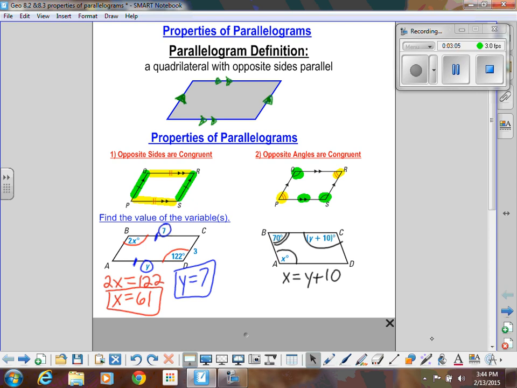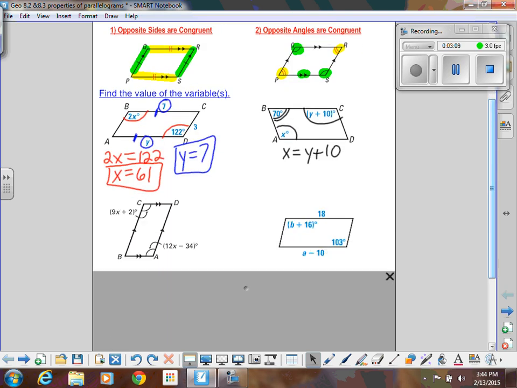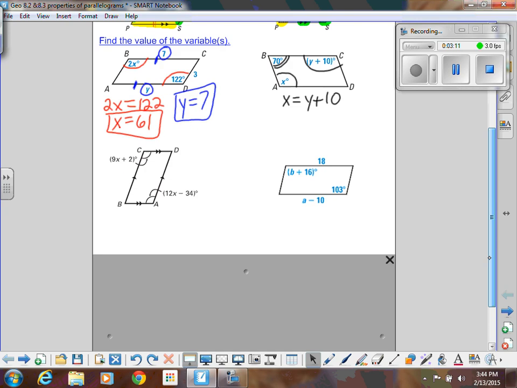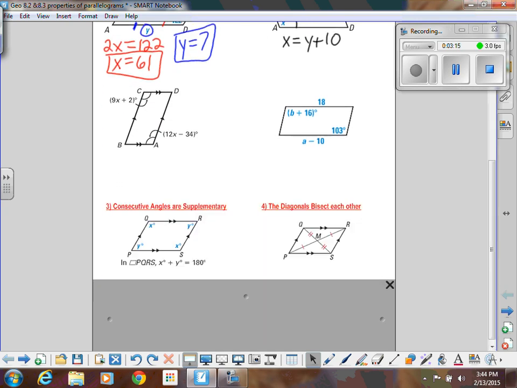So actually what we need to do is look at the third property, and I'm going to come down here a little bit, and then we'll come back to our example. Our third property says that consecutive angles are supplementary. When they say consecutive, remember we learned about this with parallel lines. This angle x and this angle y, they're not congruent, but they are consecutive interior angles or same side interior angles.